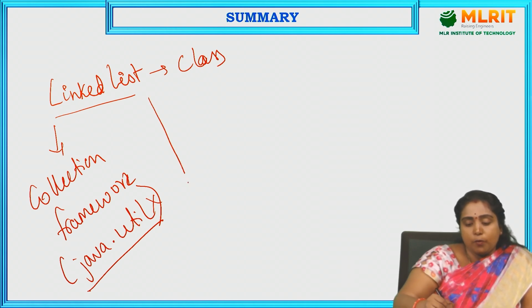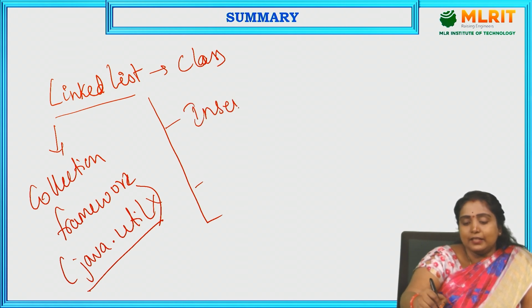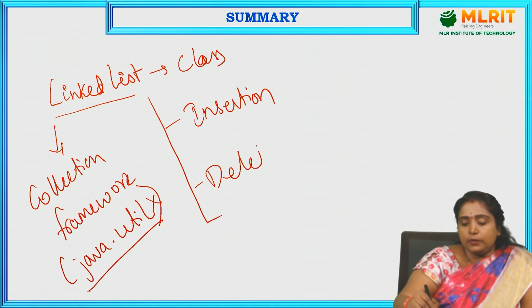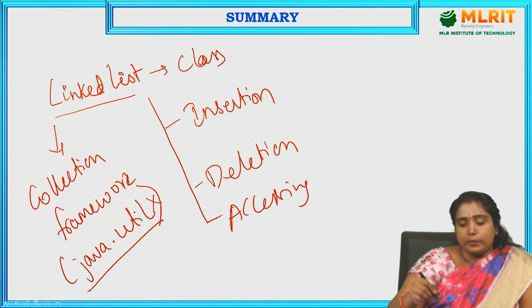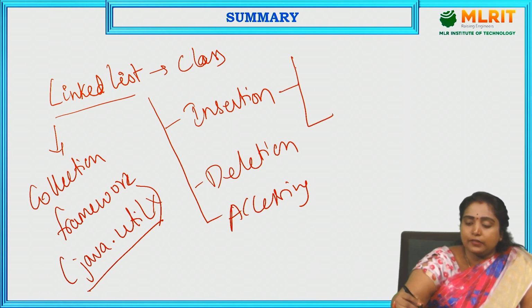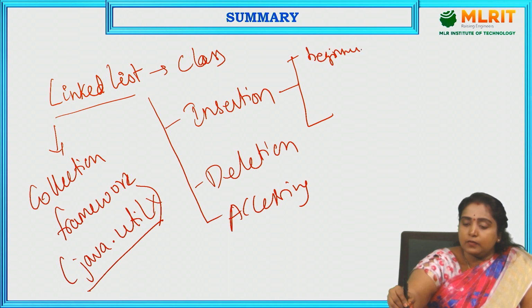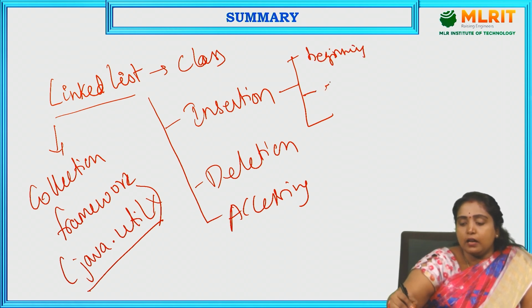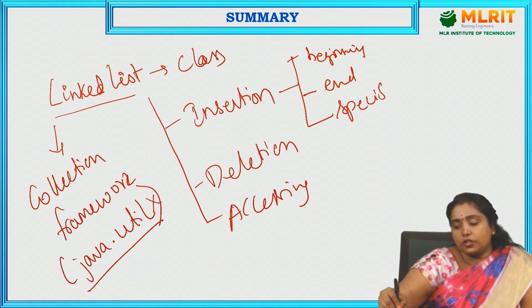So the operations you can perform on a linked list are inserting elements into the linked list, deleting elements from the linked list, and accessing elements from the linked list. In insertion, we have seen you can insert the data at the beginning, at the end, and at specified positions.